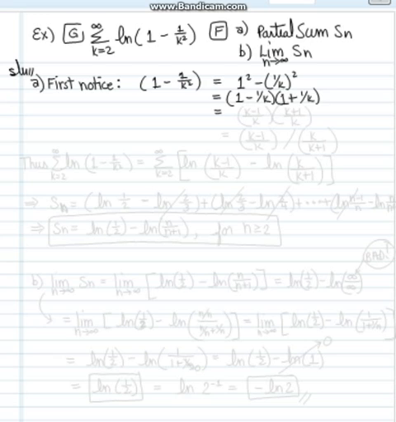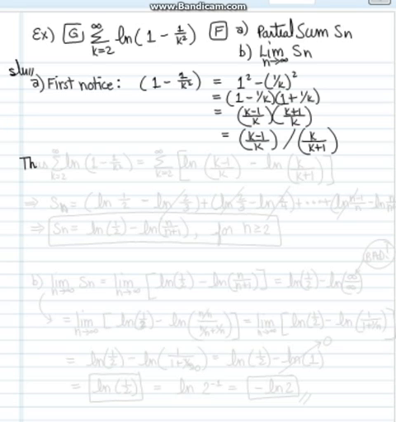And then getting a common denominator, this would be (k minus 1 over k) times (k plus 1 over k). In this case it would be convenient to rewrite this as (k minus 1 over k) divided by the reciprocal, k over k plus 1.